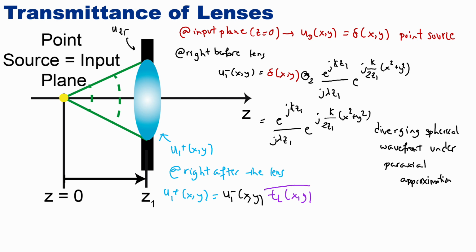So this is my lens transmittance. And my lens transmittance, what we have here is a converging spherical wavefront multiplied with a pupil mask.